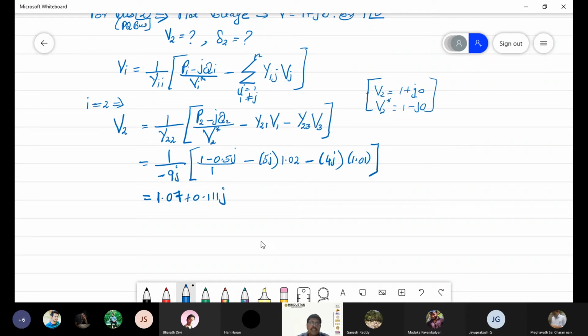Please check whether you are getting the answer. So if you are able to get the same answer, I can proceed. So this is the value of V2. Listen carefully. This is for iteration 1. Right. And similarly, we can do it for the third bus.